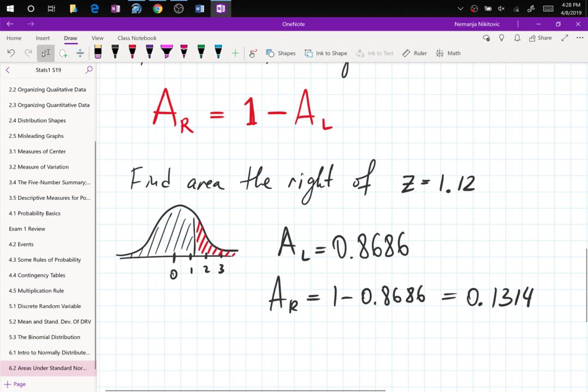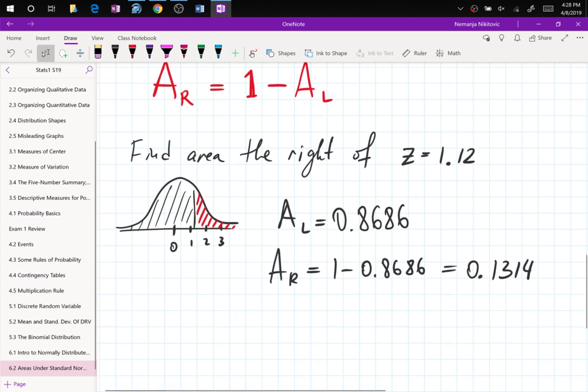Now, area to the right has a z-score associated with z alpha. So the symbol z alpha is used to denote the z-score that has an area of alpha to the right of the standard normal curve. Alpha is the first letter of the Greek alphabet, comparable to A that we have in Latin.